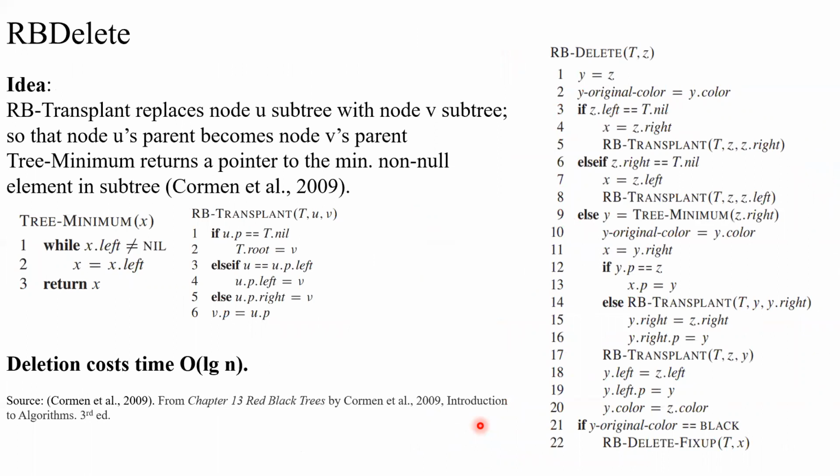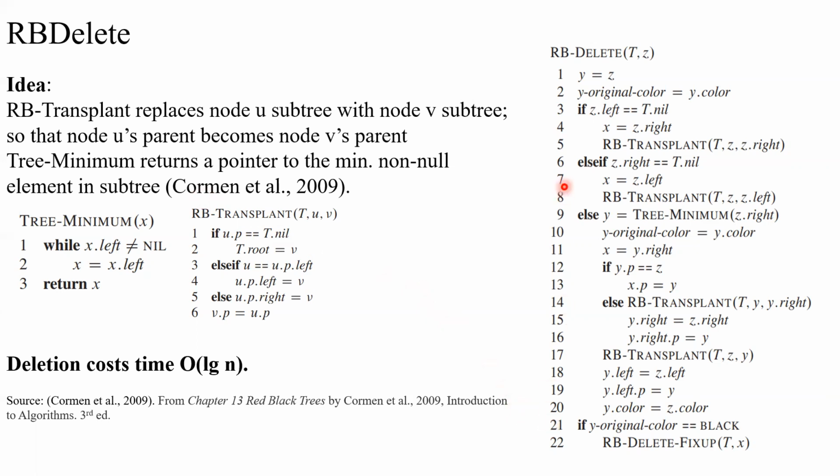I will now talk to you about RB delete. RB delete has two concepts. We didn't really learn this in class, but I will go over them, being that their algorithms are very small but essential to RB delete. The first one is transplant. Node U's parent becomes node V's parent when we replace node U's subtree with the subtree of node V. And tree minimum returns a pointer that points to the minimum non-null element in the subtree.